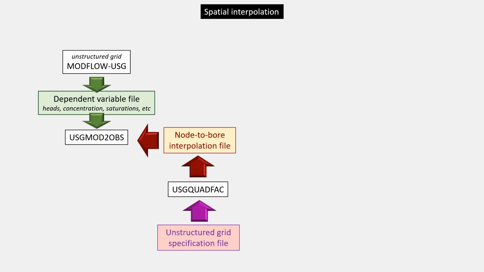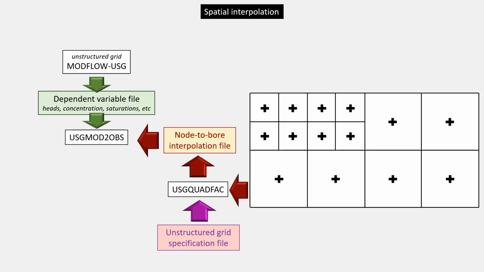Now, use of USG QuadFac assumes that the grid is either structured or quadtree refined. So here is part of a quadtree refined grid. Now, the way in which interpolation is undertaken depends on where the bore or the well or the site to which interpolation is taking place is situated within this grid.